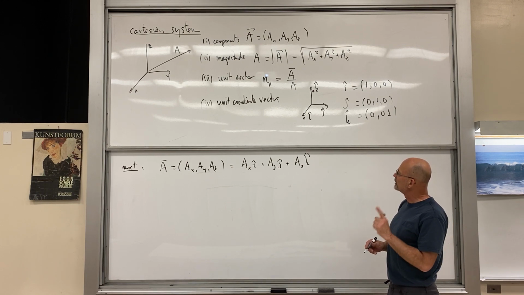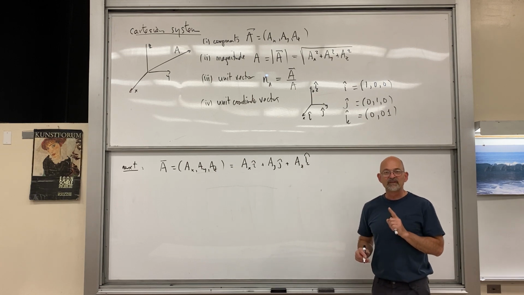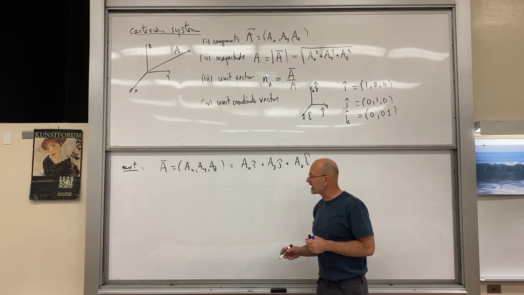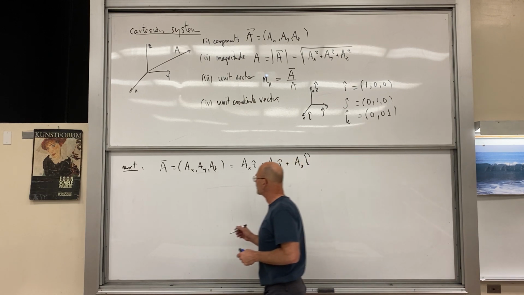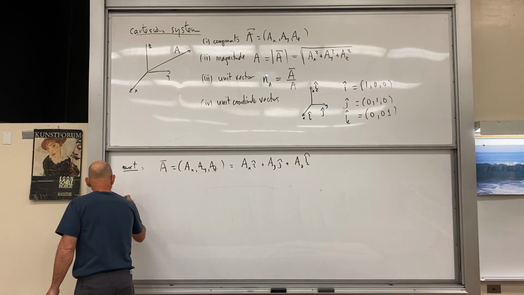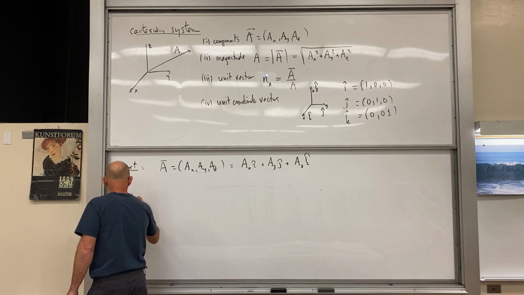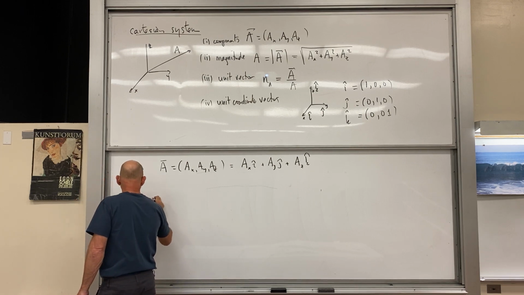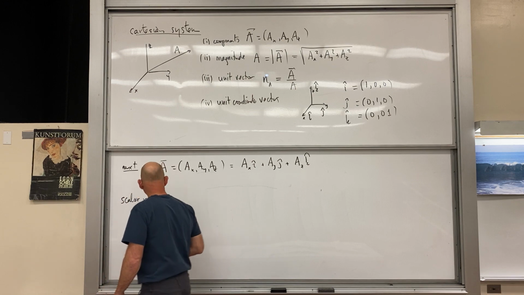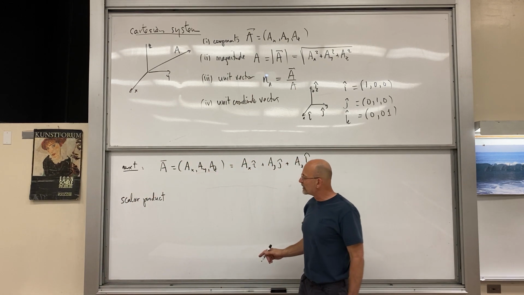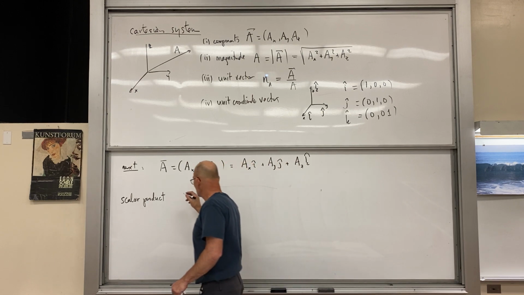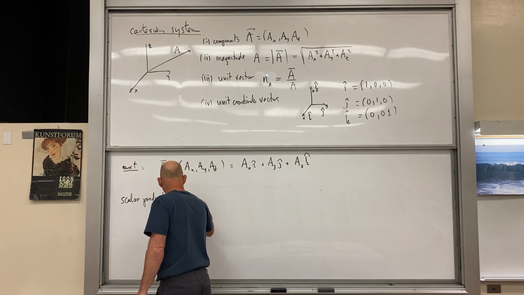Okay, so we now have two things we have to look at, the scalar and the vector product. And we'll make a couple of interesting assignments out of those. So the scalar product, also referred to as the dot product, takes two vectors and assigns a number to them. We can define it like this.